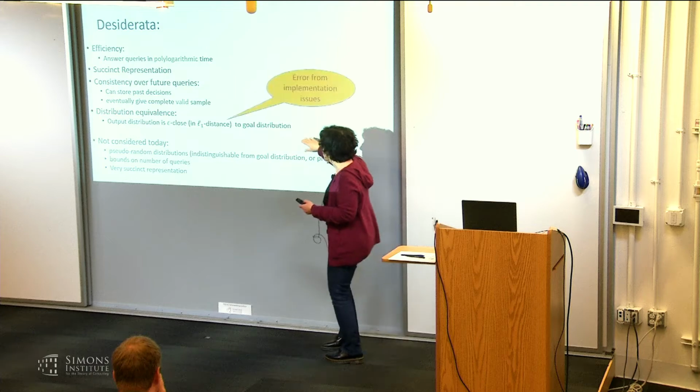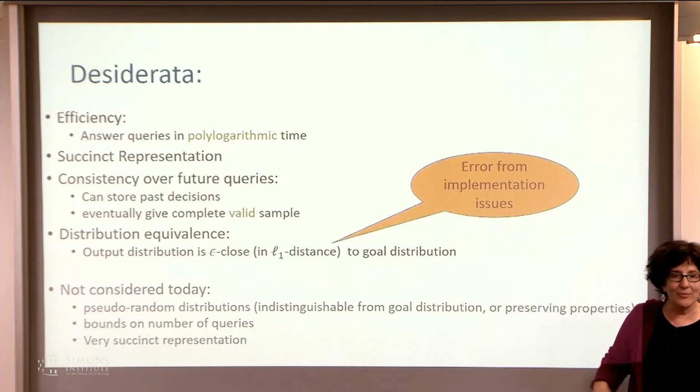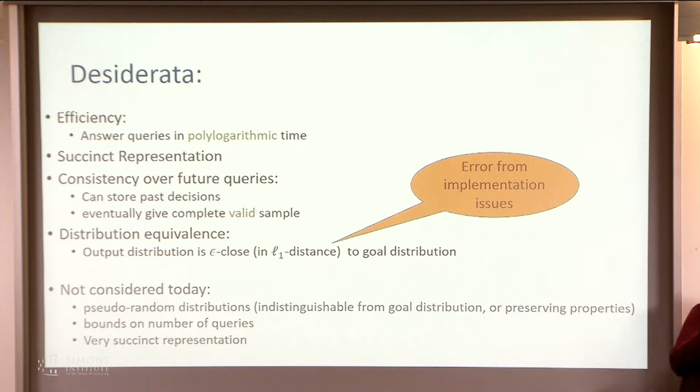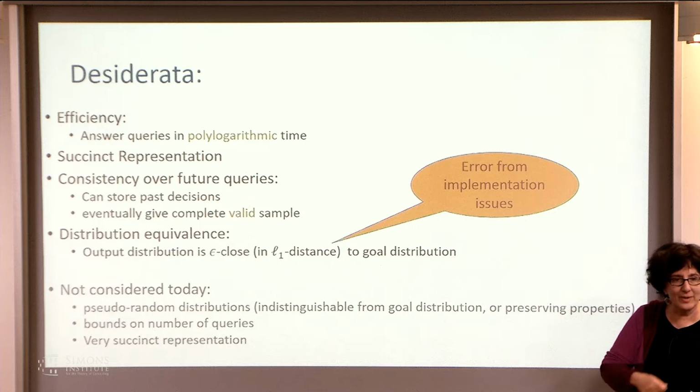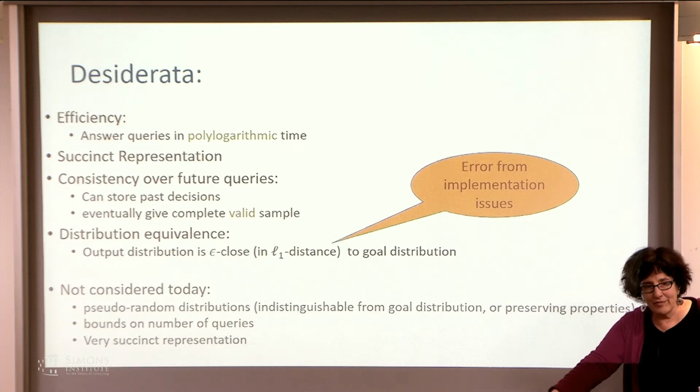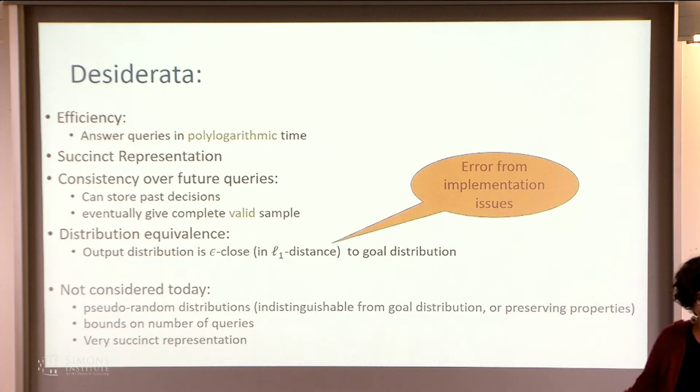This epsilon closeness in L1 distance is really error that we get from implementation issues, because we need to approximate these CDFs and sometimes we're a bit off. It's not that we're generating different graphs or missing something, or just generating a certain subset that looks random. It really comes from implementation issues, that we didn't go to enough bits in generating our CDF.